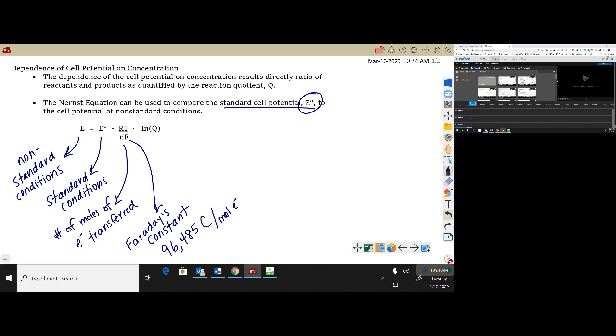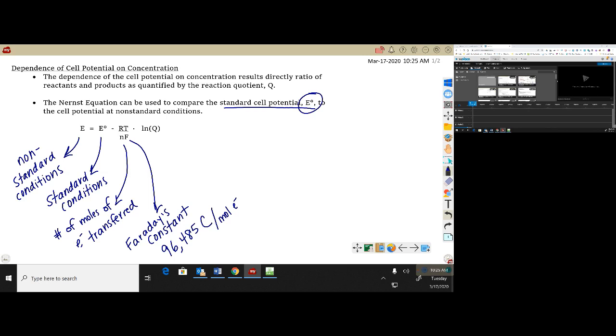Coulombs per mole. Now they also will kind of tell you that a volt is a joule per coulomb. So they'll give us this conversion, or a comparison between volts and joules, which will come up in a second.